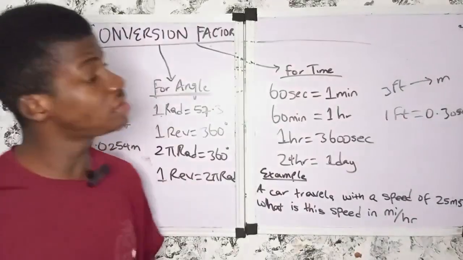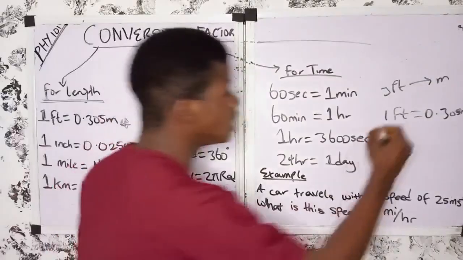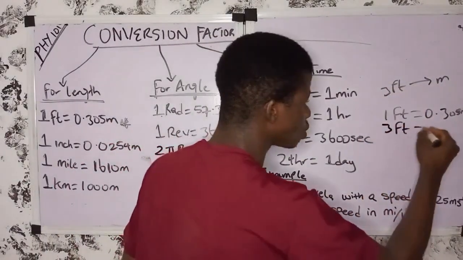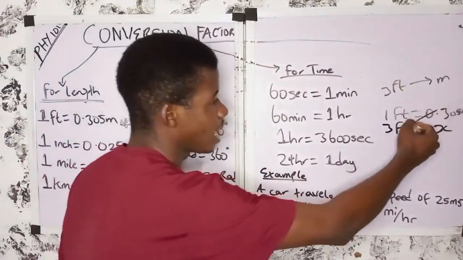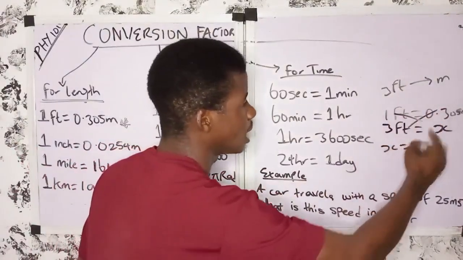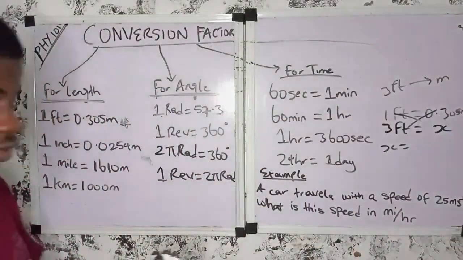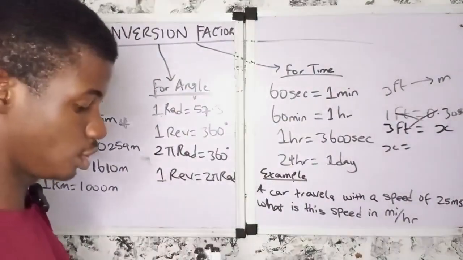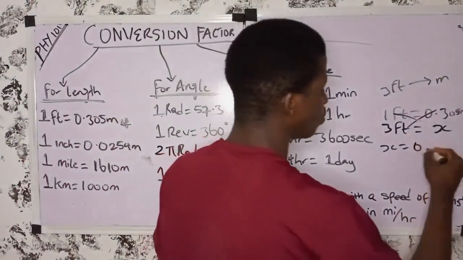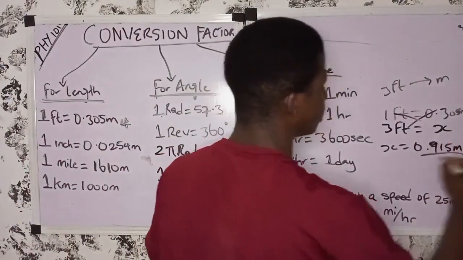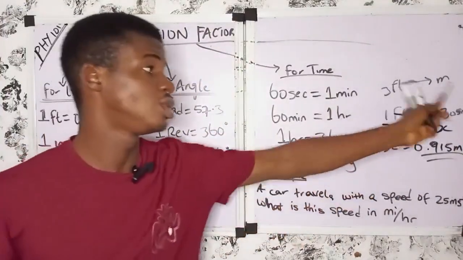If 1 foot is equal to 0.305 meter, then 3 foot equals to what? An x meter, right? Just cross multiply. 1 times x needs to give us 3 times 0.305. 3 times 0.305 will give us 0.915 meter. Okay, yes. So that is saying that 3 foot is equal to how many meter?